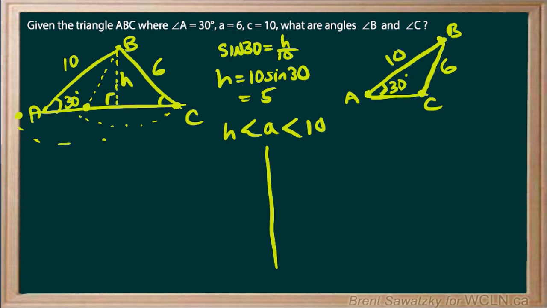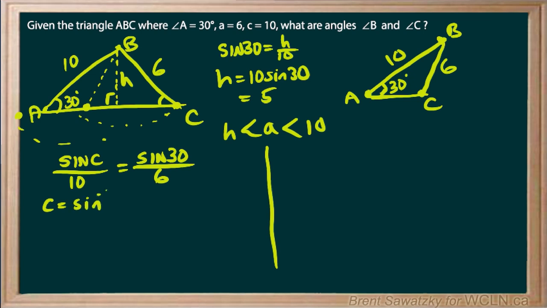If we were to move forward with this, we would say sine law would work well. So how about sine C over 10 equals sine A over side a, since we know sine A. That means that C is equal to the inverse sine of 10 sine 30 over 6.